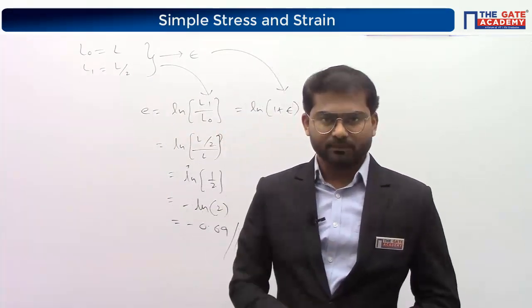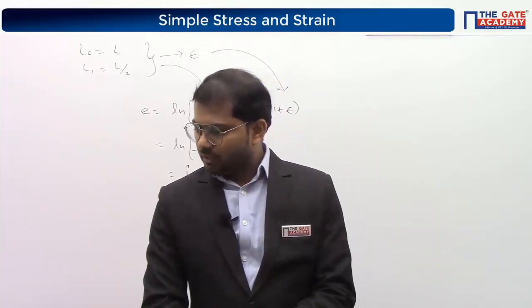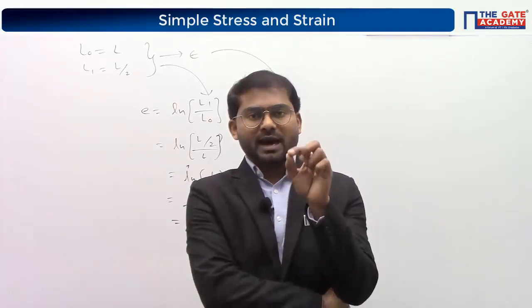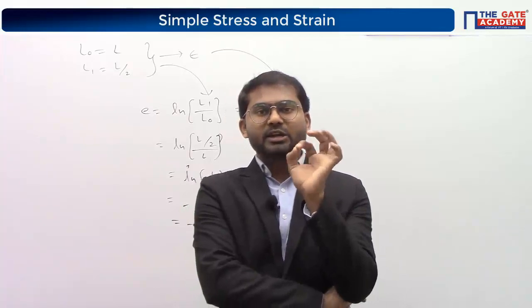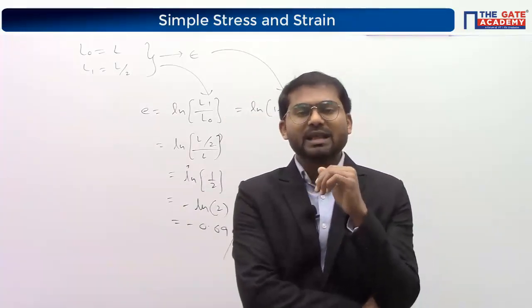Understand? In the 2018 paper, the same question came in this way. A bar of some length L is compressed to half its length. What is the magnitude of true strain? That's what they asked. So if you read that statement properly, they are expecting you to give the magnitude of true strain, and it's a numerical answer type question.